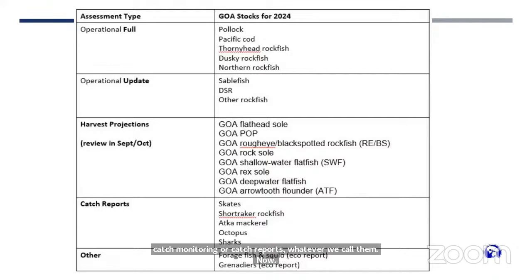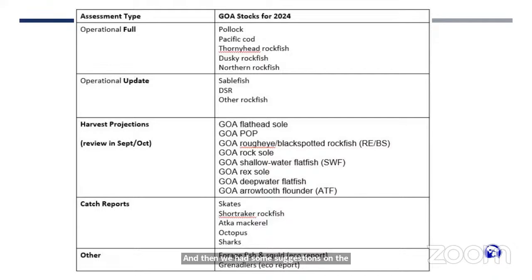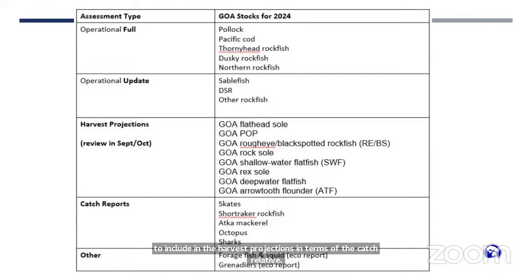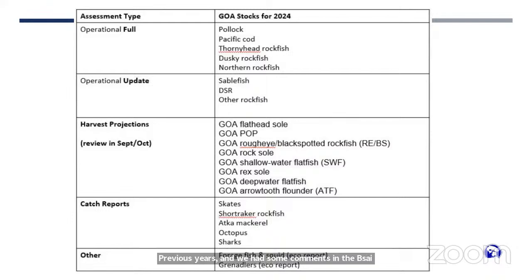And then we had some suggestions on the things to include in the harvest projections in terms of the catch relative to previous years, and we had some comments in the BSAI on that issue that we may pull out in a separate section on harvest projections.